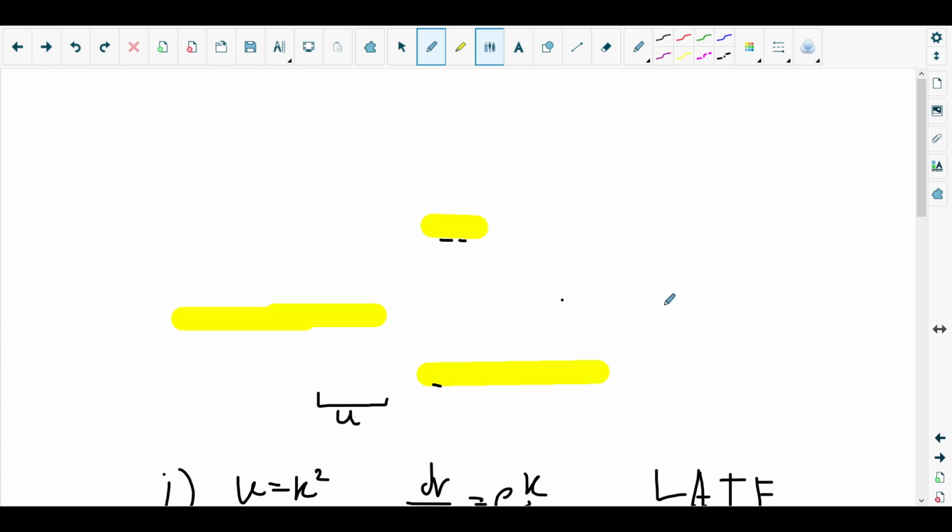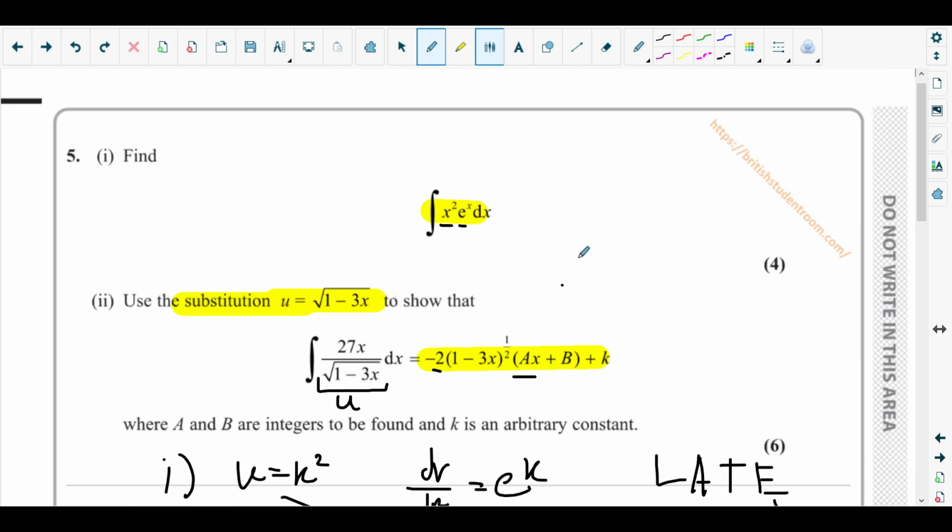So at last the value for a would be 3, and the value for b is just 2. That's it. And k is basically the arbitrary constant, that is c. Already we have it in the integral, isn't it? That's all about question number 5 from June 2023 P4 paper. Thank you.